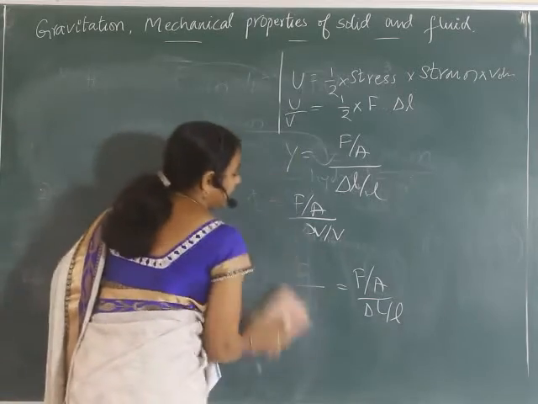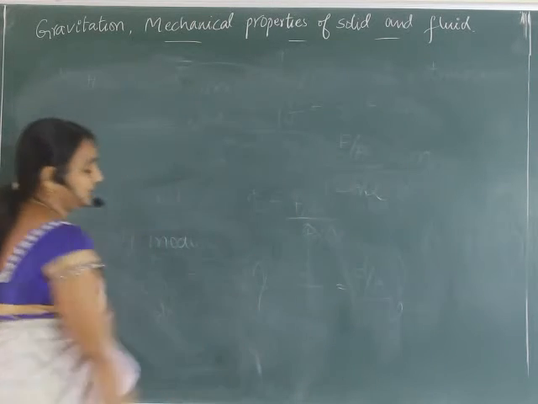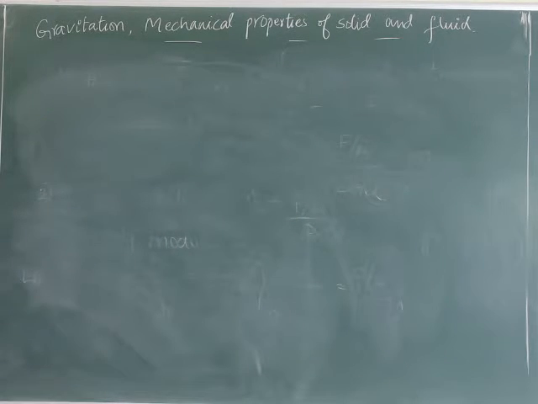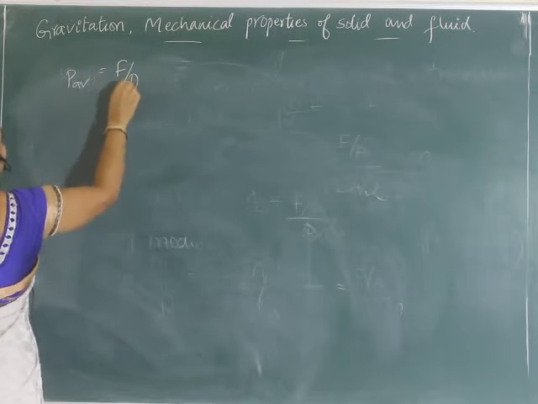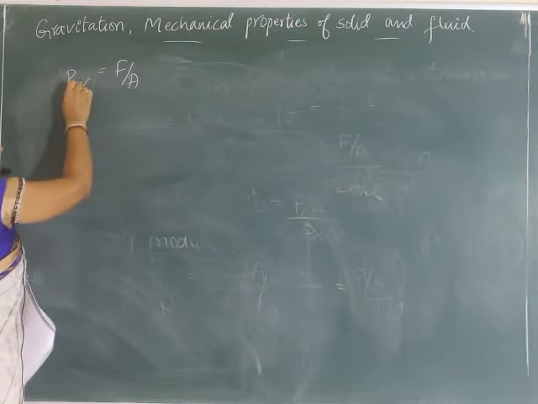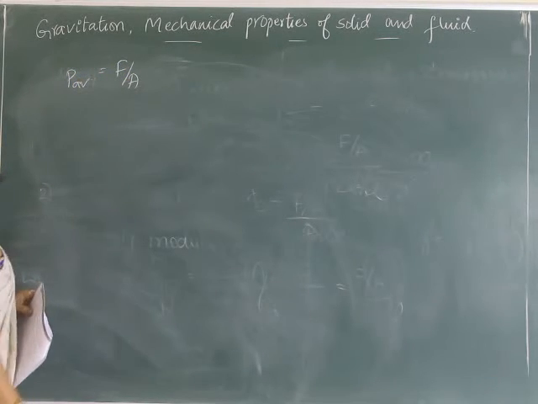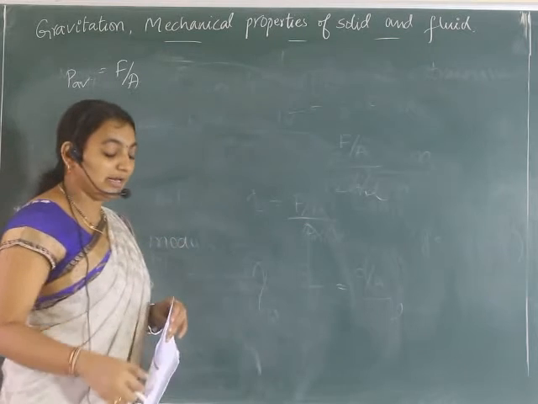In the mechanical properties of a fluid, initially we speak about thrust and pressure. So thrust is nothing but force. Average pressure is equal to force by area. The thrust is nothing but force per unit area. So average pressure applied in a liquid is force by area, the force we apply for that particular area.